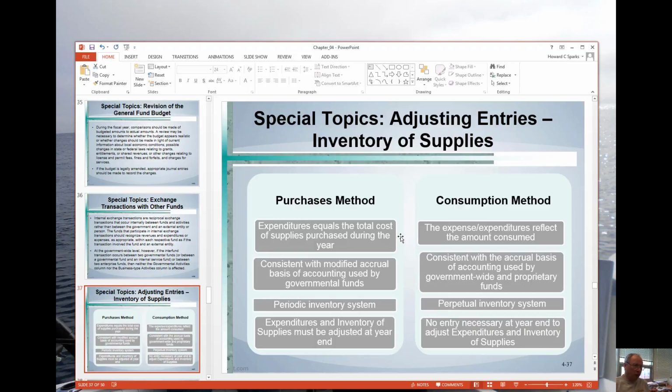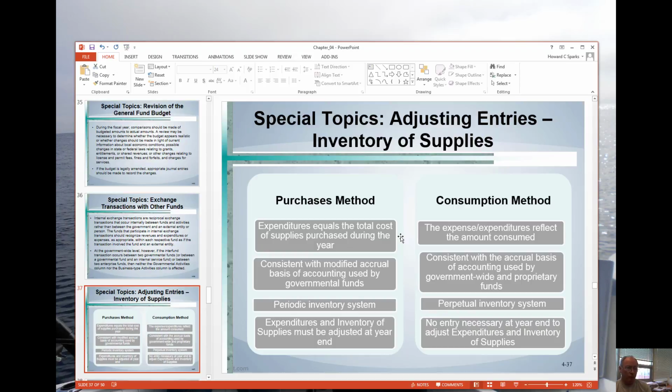But in the purchases method, we expense everything, and then we count goods at year end, and if they're significant, we should adjust supplies inventory. And the trick in this is just that adjustment at year end to get the supplies inventory on the balance sheet correct, and the appropriate fund balance that's tied up in those supplies.